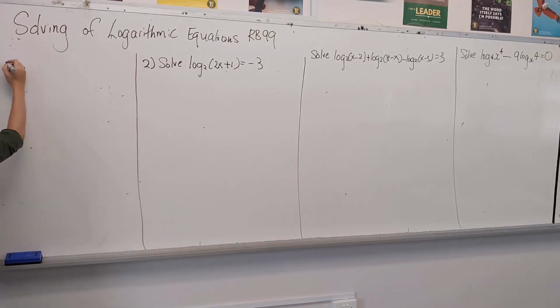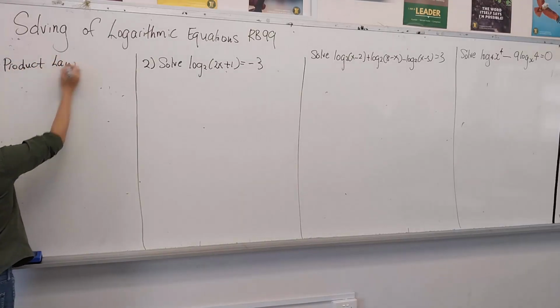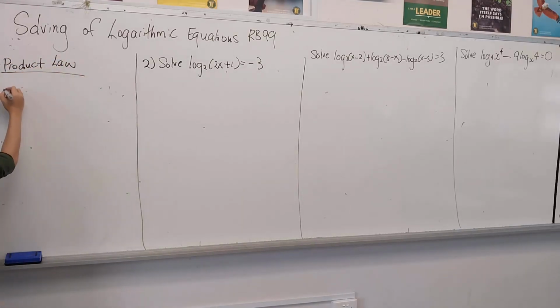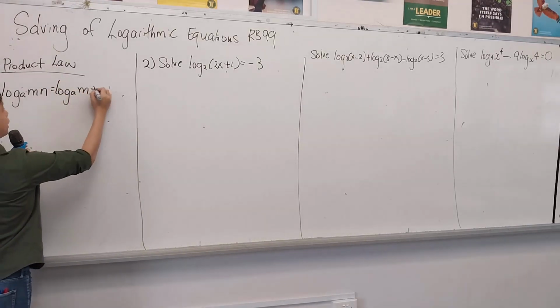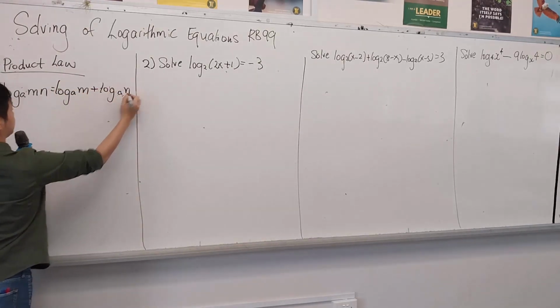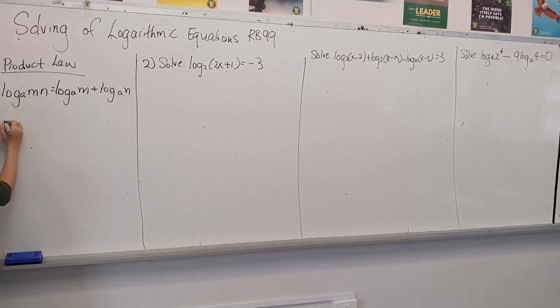So the first one is your product law. Okay, that's why it's called the law of logarithms. The product law says that if I have log base a mn, the law says that log base a m plus log base a n. Okay, next we have the quotient law.